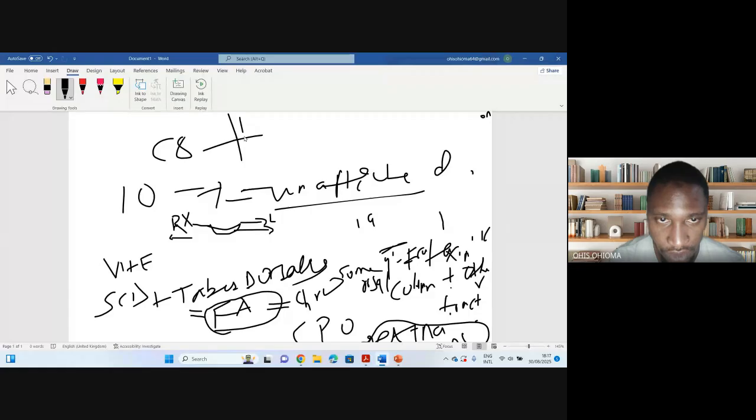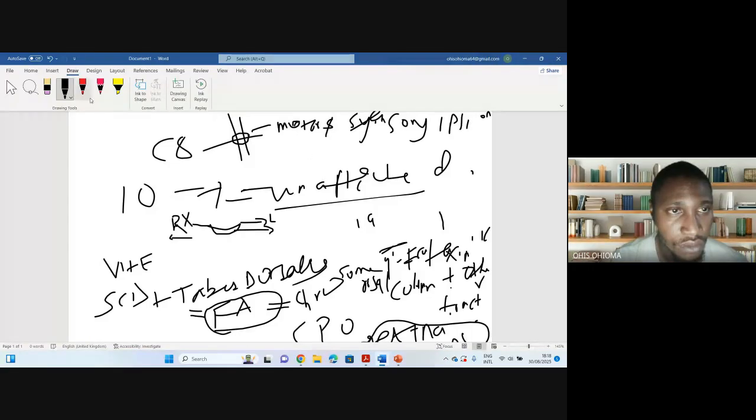Now, I said that for the injury at that level, at C8, all the motor and sensory symptoms are ipsilateral. They are ipsilateral, right? That's what I said.